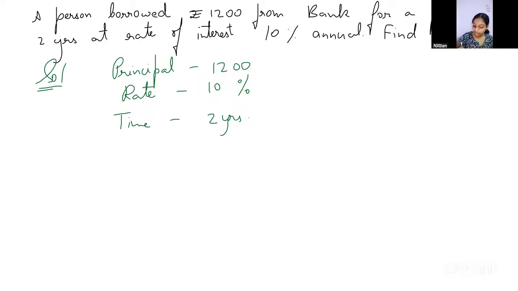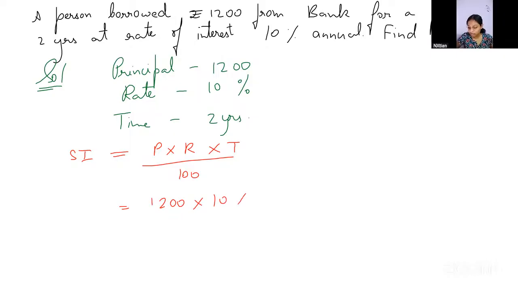What is the formula? Our formula is SI, that is simple interest, equals to principal into rate into time upon 100. Use the formula. Write down the principal 1,200 multiplied by the rate 10 multiplied by time 2 and divided by 100. Find out the interest and tell me.